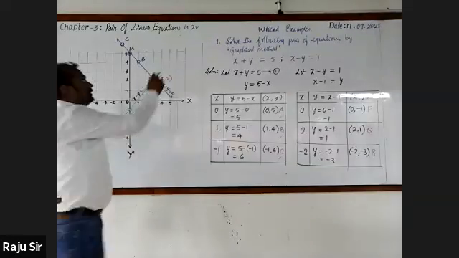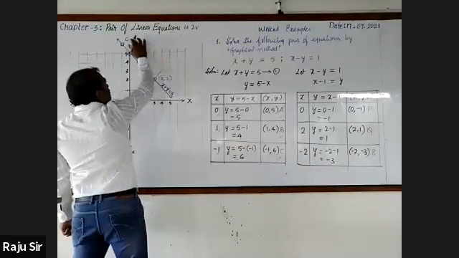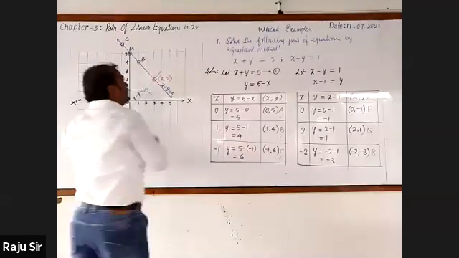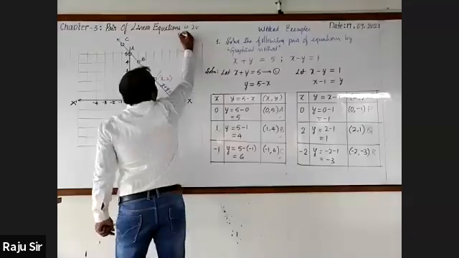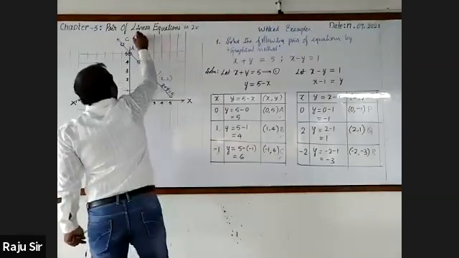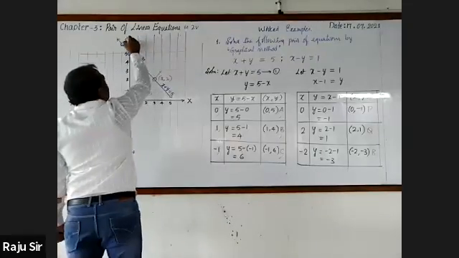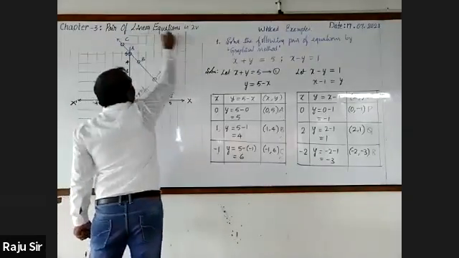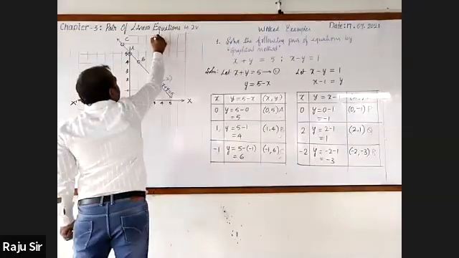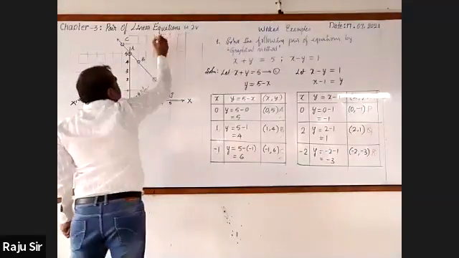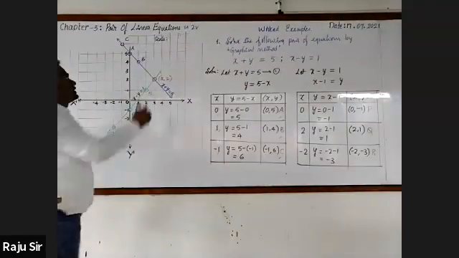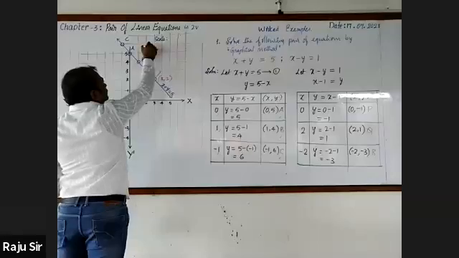Not only this, at the top right corner you have to write the scale. What is that scale? We have taken the numbers on both x and y axis as 1 centimeter equals 1 unit.